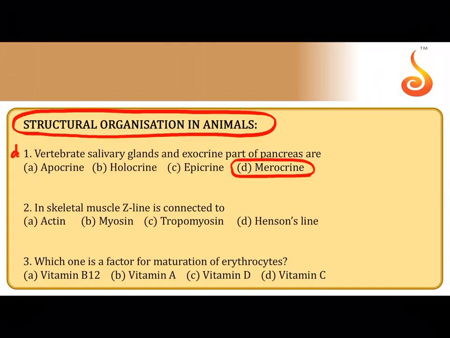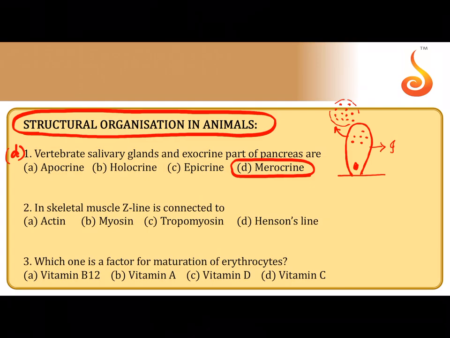Now what do you mean by merocrine glands? Merocrine glands means if there is a cell involved in producing certain secretions, only the secretions will come out of the cell, nothing else. No damage happens to the cell. The cell is still very much intact.